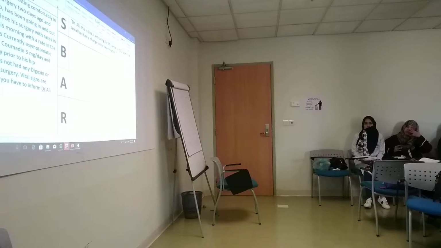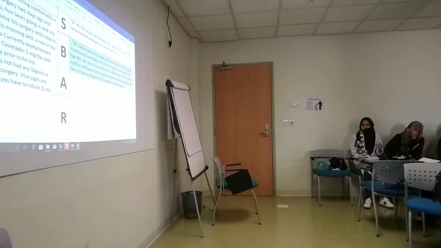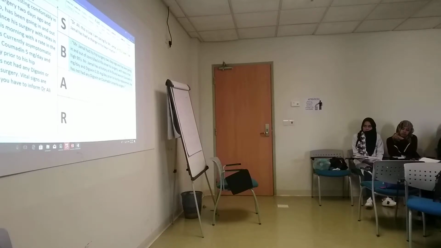So new AFib, like she said. Next one. He had surgery 2 days ago, and he has been going in and out of controlled AFib since his surgery with rate of high 90s. And he has a history of AFib. He was on Coumadin and digoxin prior to his hip replacement surgery, and he hasn't taken the medication since the surgery. This is your background.